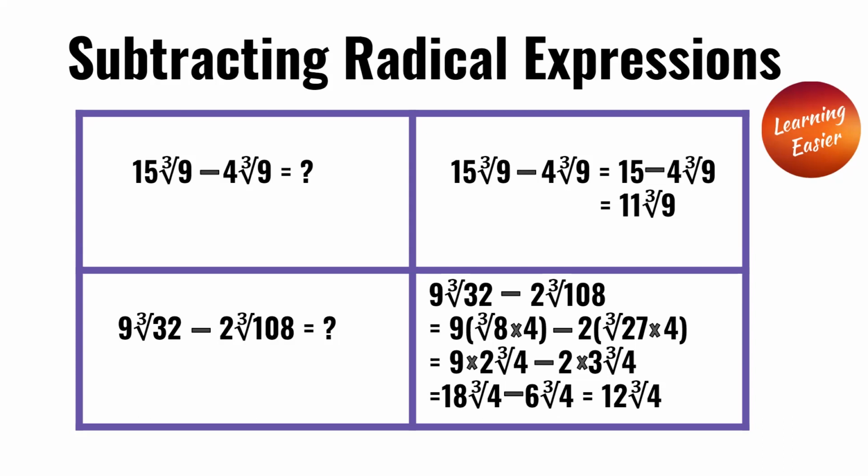And we can simplify 2 cube root of 108 into 2 cube root of 27 times 4, which is equal to 2 times 3 cube root of 4, which is equal to 6 cube root of 4.